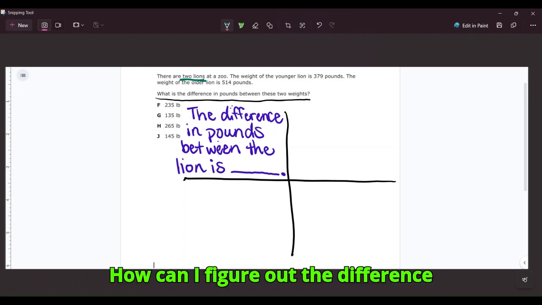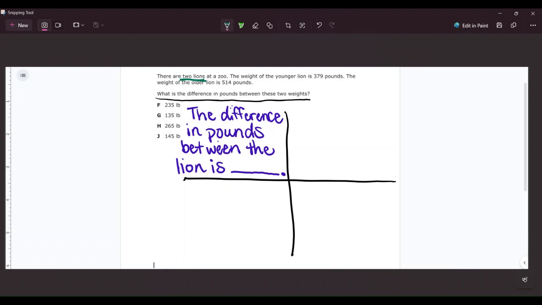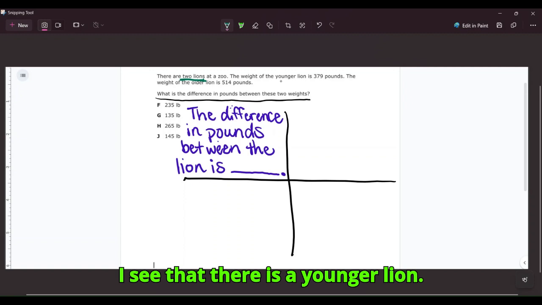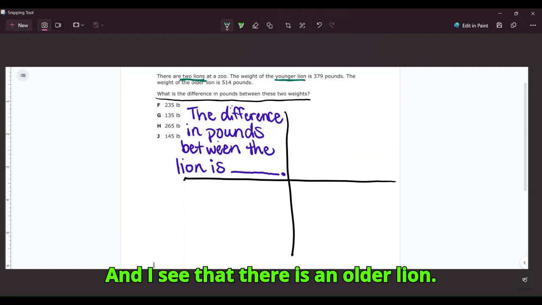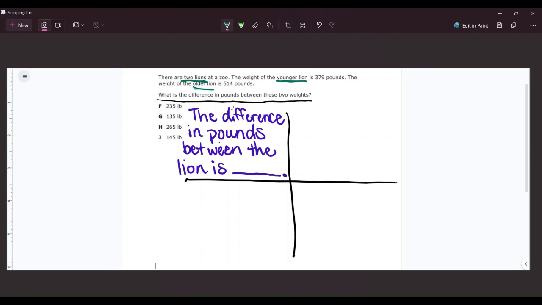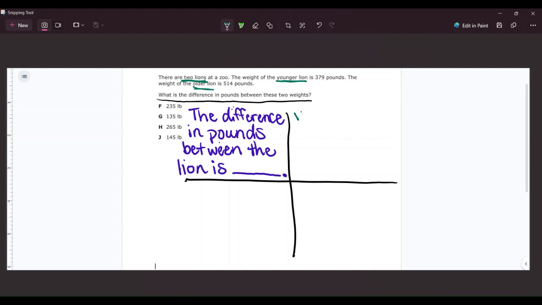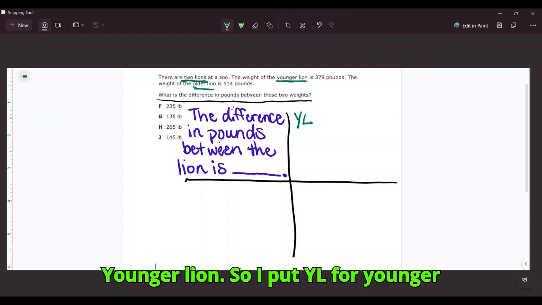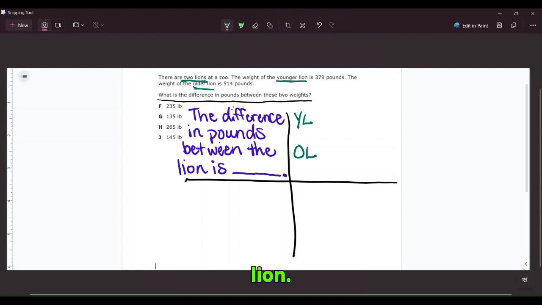How can I figure out the difference between the 2 lions? How do I know which one's which? I see that there is a younger lion, and I see that there is an older lion. So I'm going to go ahead and label the 2 of them. Younger lion. So I'll put YL for younger lion and OL for older lion.